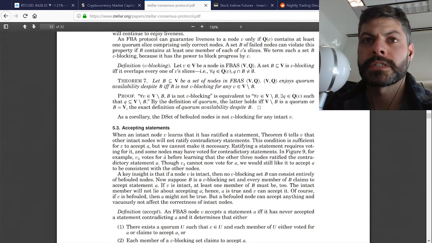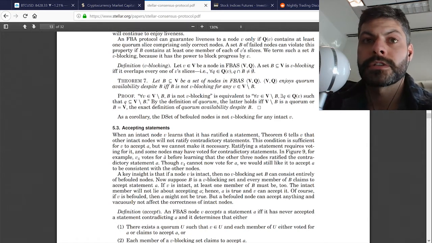5.3. Accepting statements. When an intact node v learns that it has ratified a statement, Theorem 6 tells v that other intact nodes will not ratify contradictory statements. This condition is sufficient for v to accept A, but we cannot make it necessary. Ratifying a statement requires voting for it, and some nodes may have voted for contradictory statements.